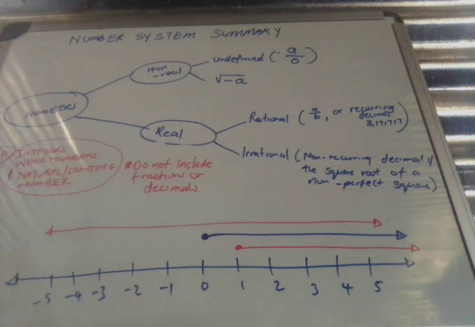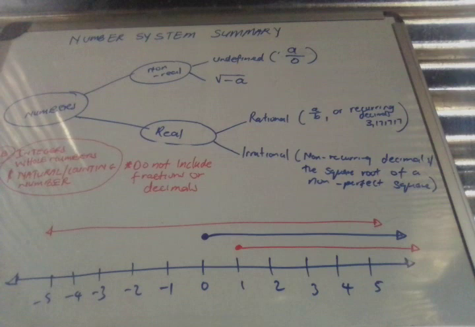A rational number is any number that can be written as a over b, or as a fraction, or any decimal that is recurring. So when you punch a number on a calculator and it is recurring, then you must know that it is a rational number. And an irrational number is the exact opposite of a rational number, in that it is a number that is non-recurring.